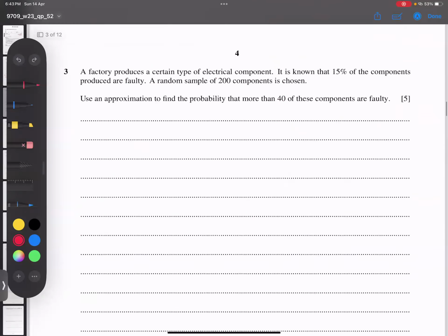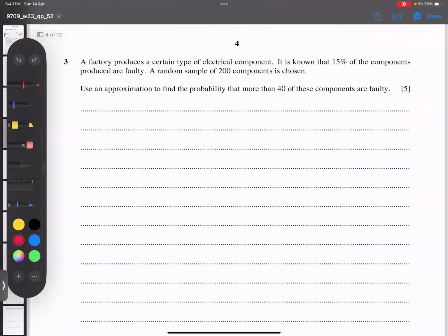So the next question is number 3. A factory produces a certain type of chemical component. It's known that 15% of components produced are faulty. And there is a sample of 200. So the probability of faulty is 15%.